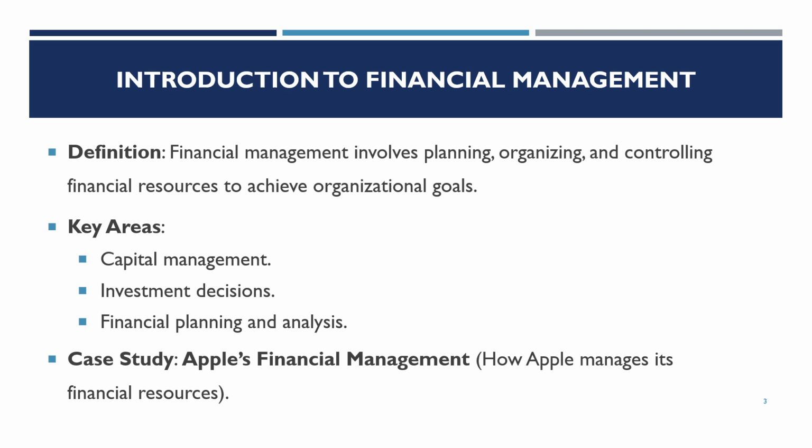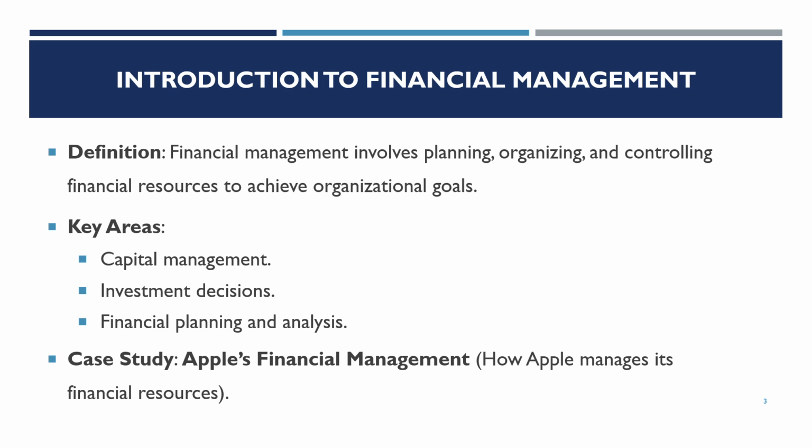Some of the key areas of financial management are capital management, second is investment decision, and third is financial planning and analysis. These areas of financial management play a very important role in achieving the organizational goal.